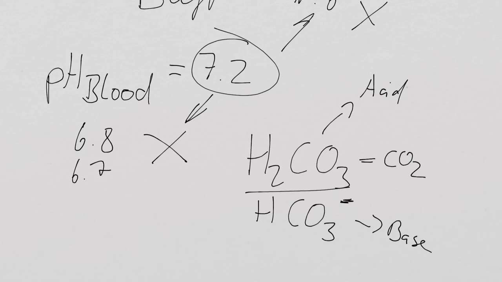So if you remove the carbon dioxide from the blood, you reduce the acid concentration in the blood. If you have less acid in the blood, what is the consequence on the pH? Less acid, more base, means the pH goes up or down. It goes up, exactly. How can you remove the CO2 from your body?